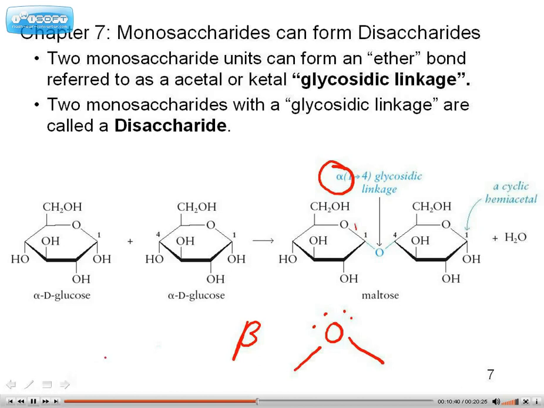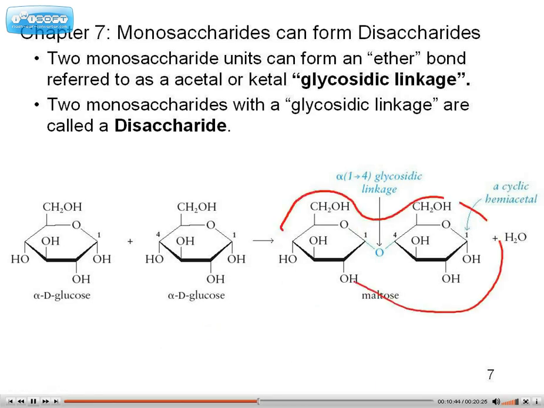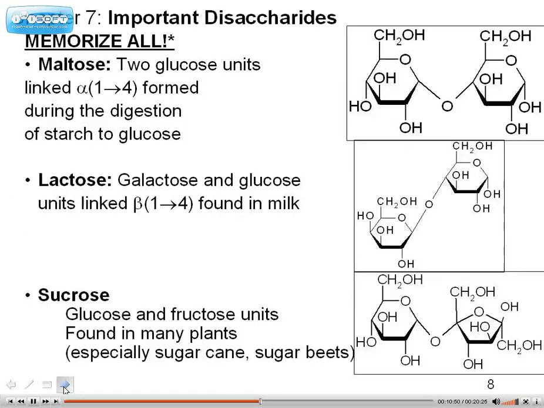So it's very important when you sketch this that not only do you sketch the disaccharides with the alcohol groups in the proper form, but you also sketch the linkage properly. And those tend to be graded right or wrong. So this is the name of the disaccharide maltose, and I will say sketch maltose. And you will have to sketch it just as you see here.